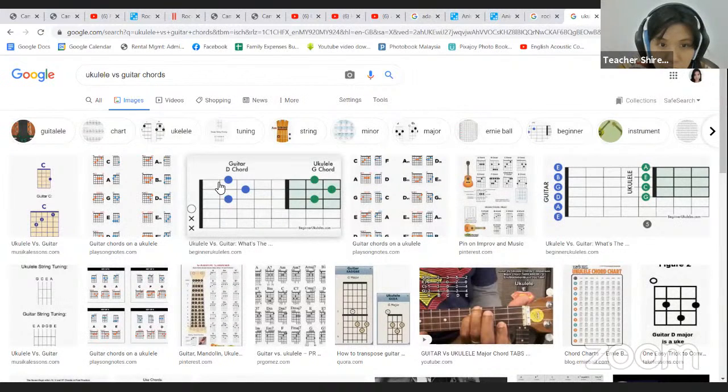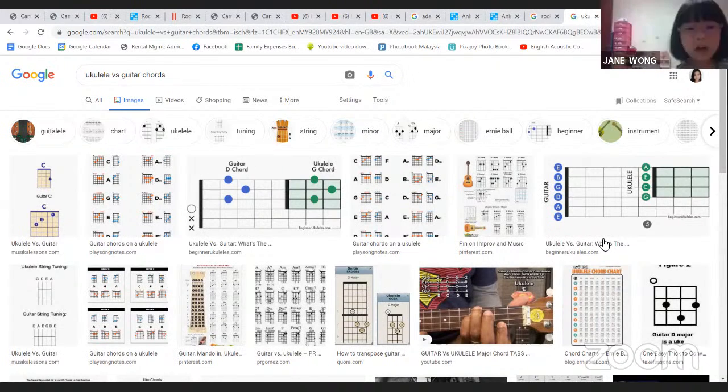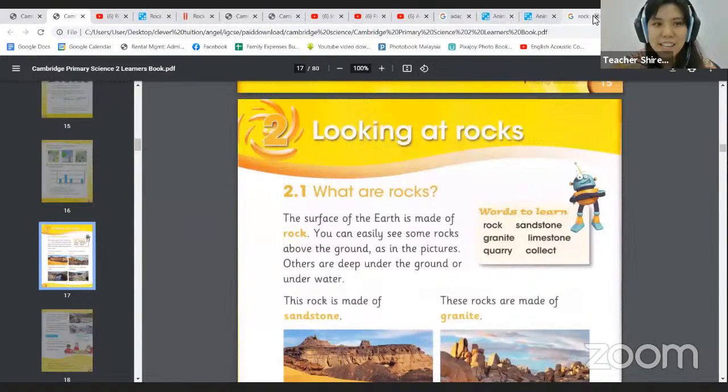You see guitar here, there is like 1, 2, 3, 4, 5, 6 chords, where ukulele only 4 chords. So Jane, look at your music instrument. How many strings does it have? As far as I can see, it's 4 strings. Am I correct? 4 strings is called 4 strings for ukulele.